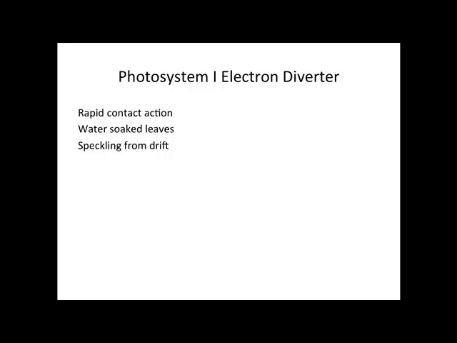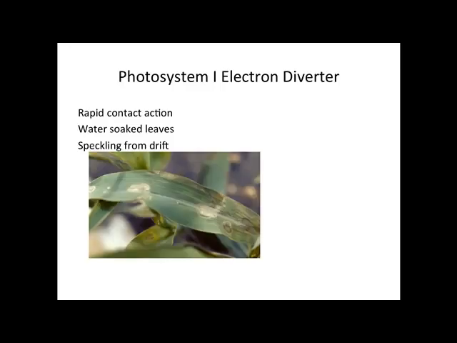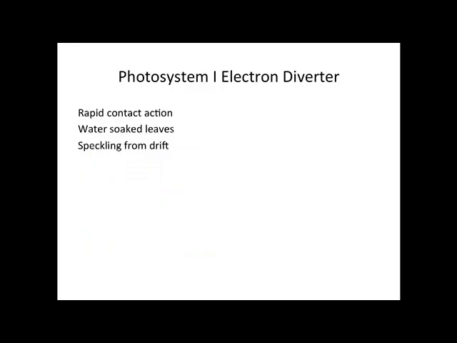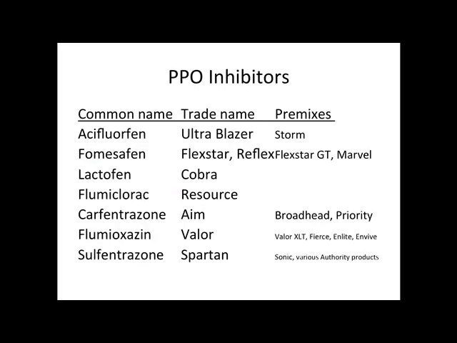So, rapid contact action, water-soaked leaves, speckling from drift. So there's the water-soaked leaves. Sometimes they look a little bit wetter. Like when it's first going on, it looks like the leaves are kind of wet, like somebody injected liquid inside of it, and then it falls apart and becomes chlorotic and necrotic rather quickly.